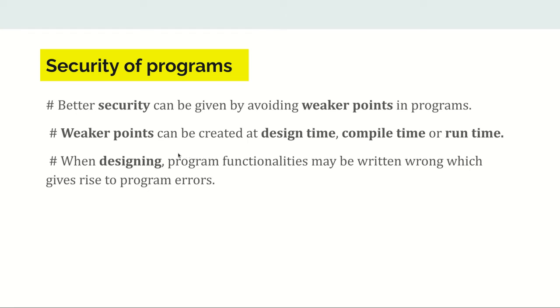Security of programs. These programs are in the computer. Better security can be given by avoiding weak points in programs. Weak points can be created at design time, compile time, and or runtime.